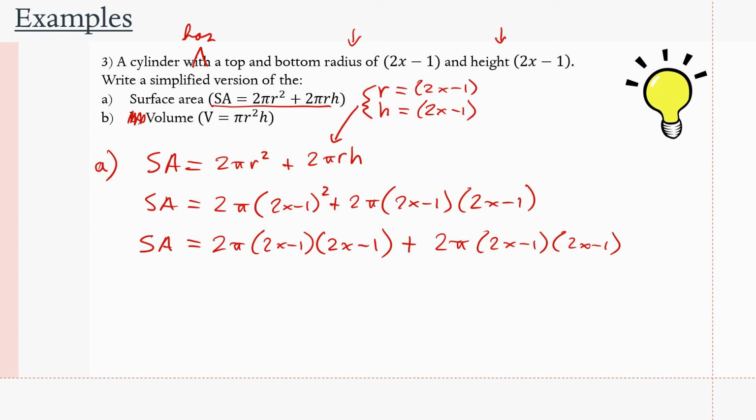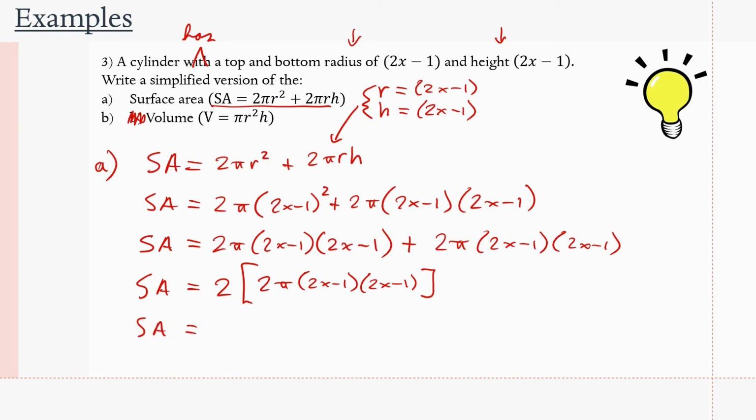And you can see here that these two terms are exactly the same. So we can just say that we have two of those terms. So we can just say 2 times 2 pi times 2x minus 1 times 2x minus 1, right? We just have two of these terms right here. So now let's multiply these binomials together, right? We could also multiply these two together, but I prefer to do the binomials first.